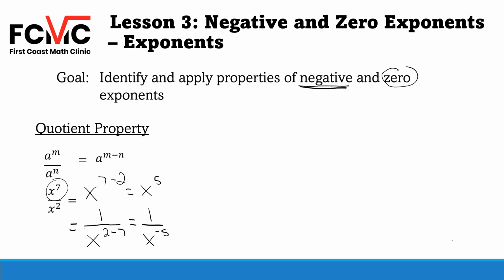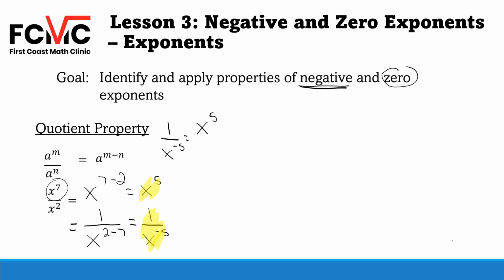Well, what's the relationship between these two terms? We get the same thing. We get a problem with our negative exponent, 1 over x to the negative 5th. We can rewrite it with a positive exponent by just bringing it up to the numerator, x to the 5th.